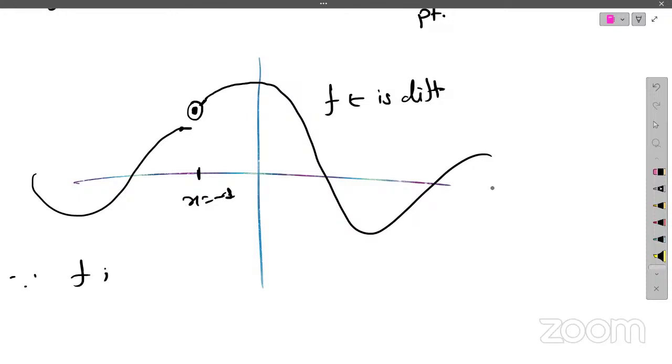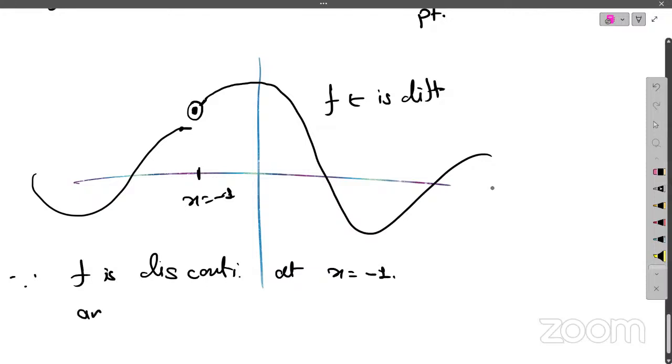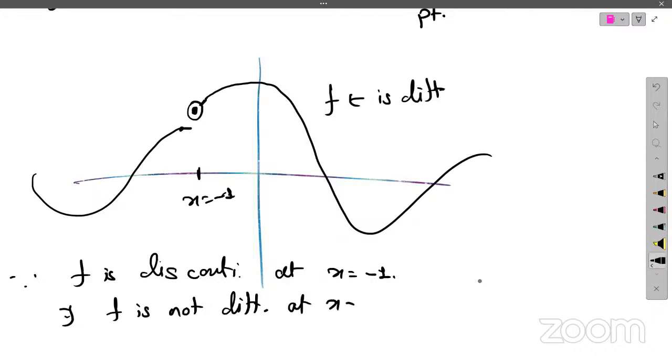So since f is discontinuous at x equal to -1, can we say it is not differentiable? That's correct, right? So since f is not continuous here, this implies f is not differentiable at x equal to -1.